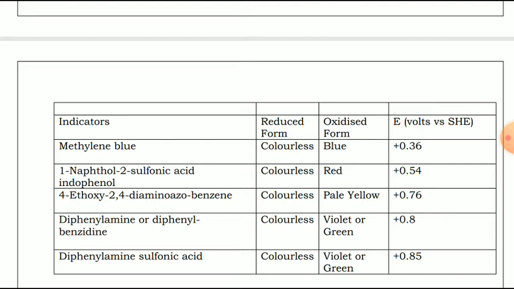The last one, diphenylamine sulfonic acid, is colorless in reduced form and violet or green in oxidized form.